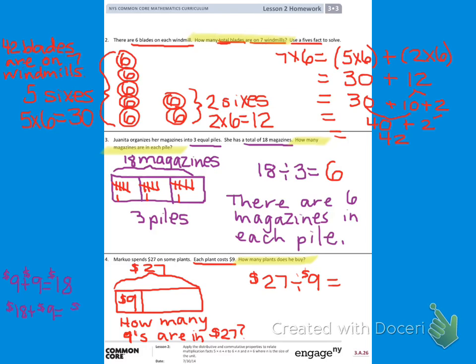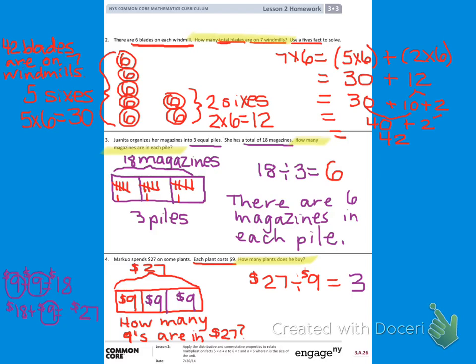That equals $27. Now I'm to 27. So how many 9s was that? 1, 2, 3. I already have 1 drawn in my tape diagram, so I'll draw another one. And another one. So $27 divided by $9 for each plant means Marcuo had enough money to buy 3 plants.